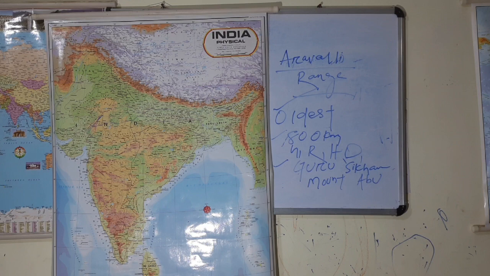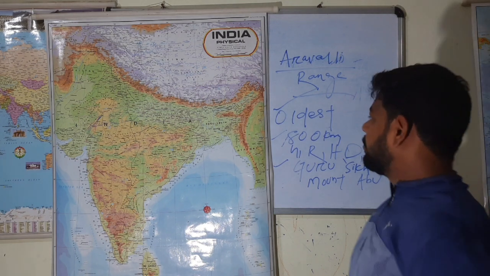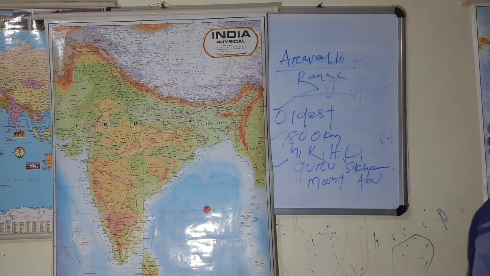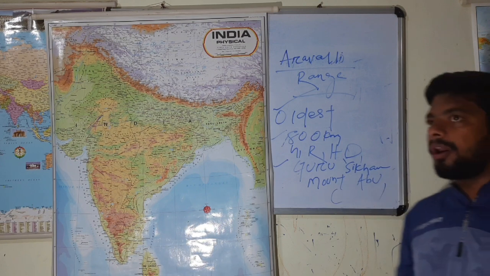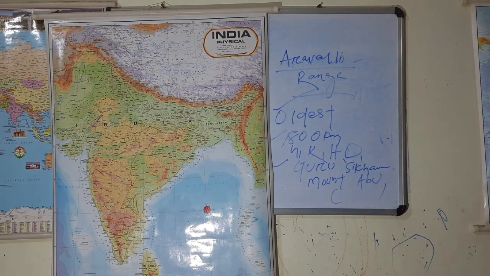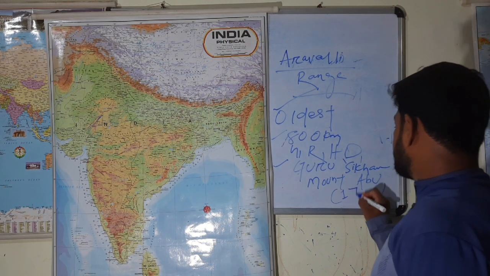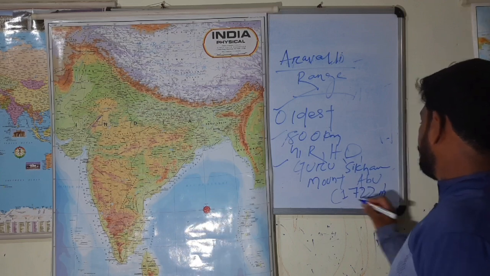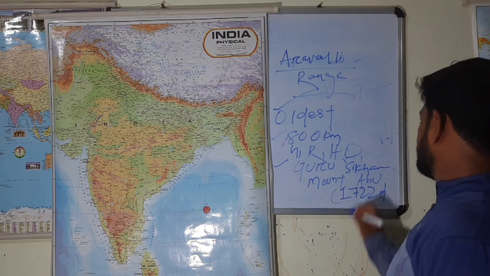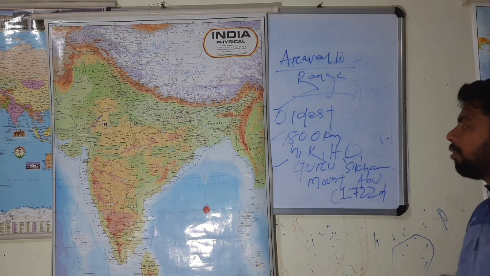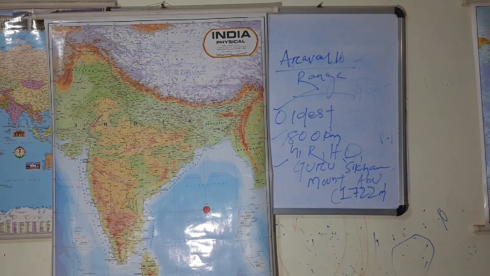First of all, note that the highest point of the Aravalli range is Guru Shikhar in Mount Abu, and its height is around 1722 meters. Fine. Okay, note it.